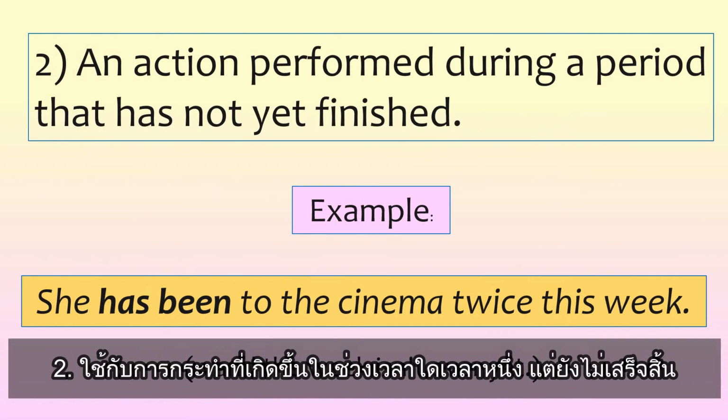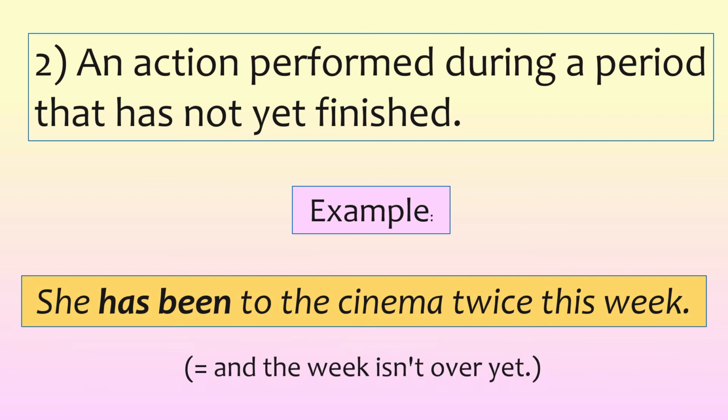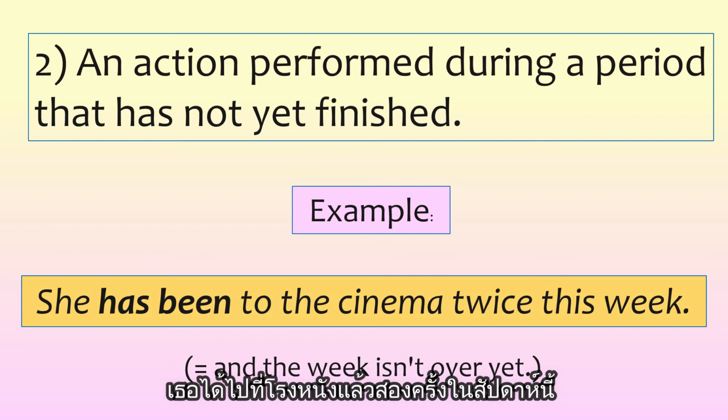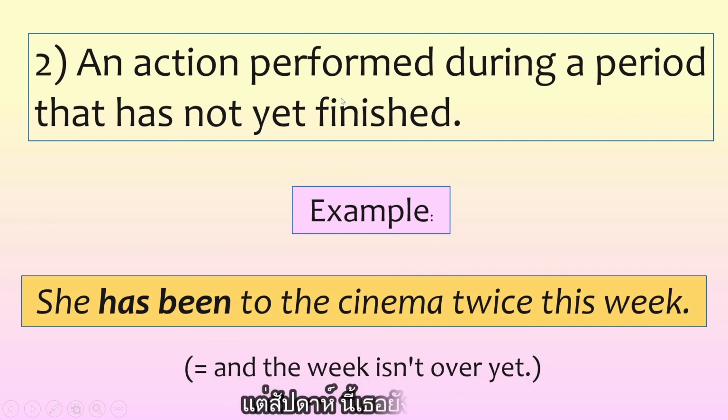Number two, we use present perfect to describe an action performed during a period that is not finished. For example, she has been to the cinema twice this week. So the action is performed during a period that has not yet finished.